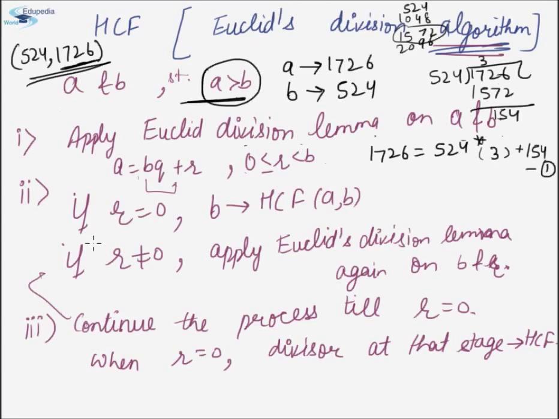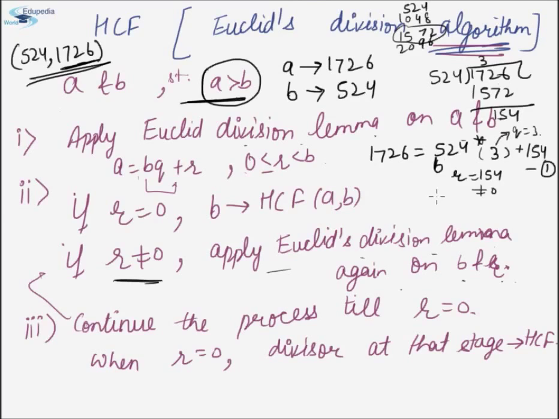Now moving on to step 2, let us check for the value of r. Clearly r is 154, which is not equal to 0. So since r is not equal to 0, apply Euclid division lemma again on b and r. So the b was 524.